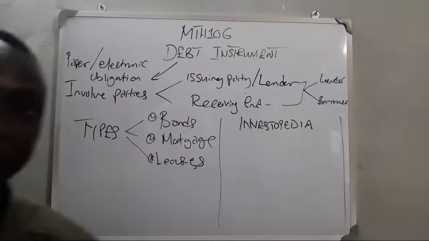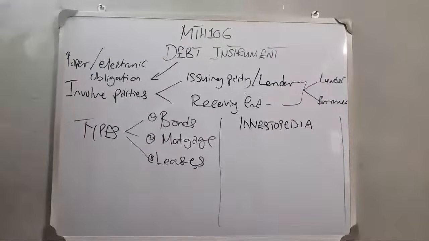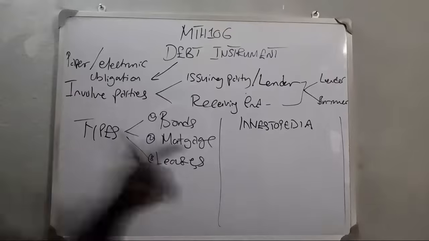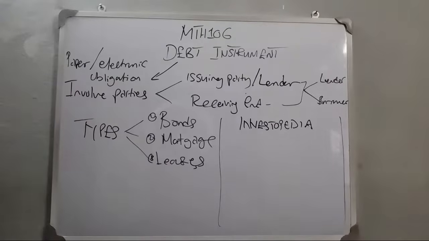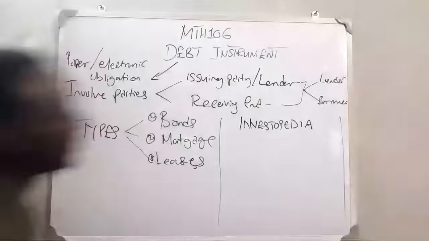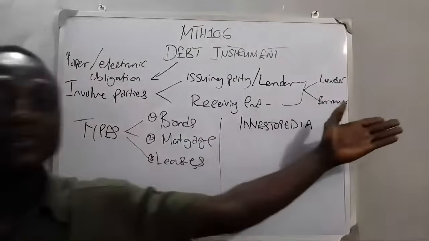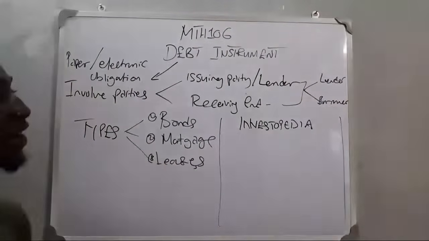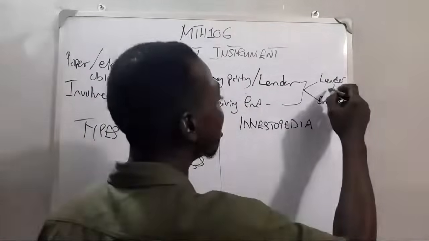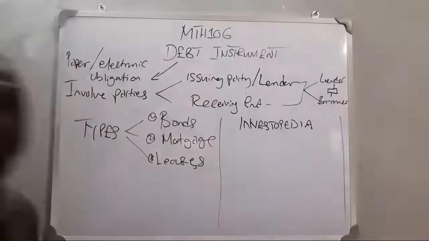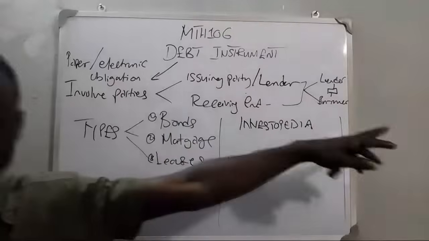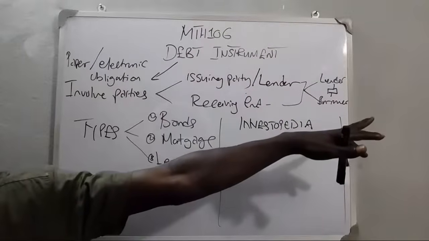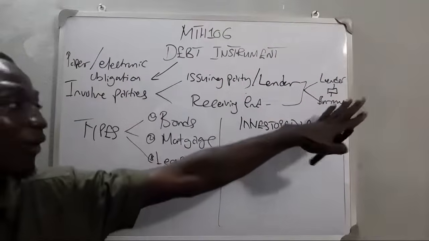Now, this debt obligation we are talking about simply means the process whereby the lender releases some funds to the borrower. The transaction between these parties is what we refer to as debt obligation.